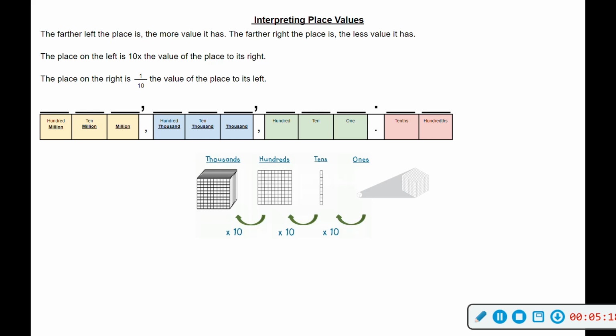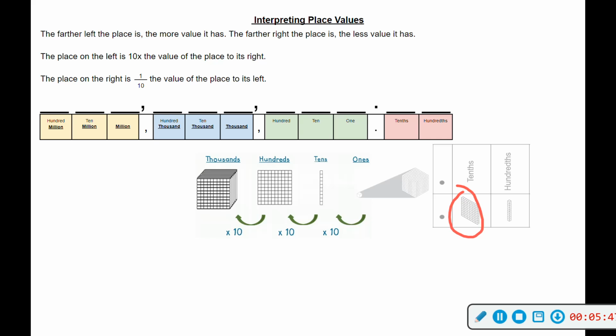We can break down this ones cube into another cube that could be 1,000 pieces. And this is how we're able to demonstrate that tenths and hundredths are less than 1. If we continue to break that down, we can see that the tenths is just going to be one slice of that entire cube, because that would be a tenth of the entire cube.